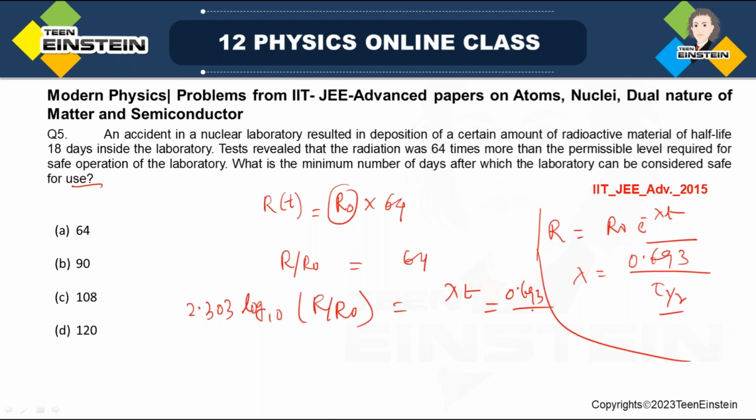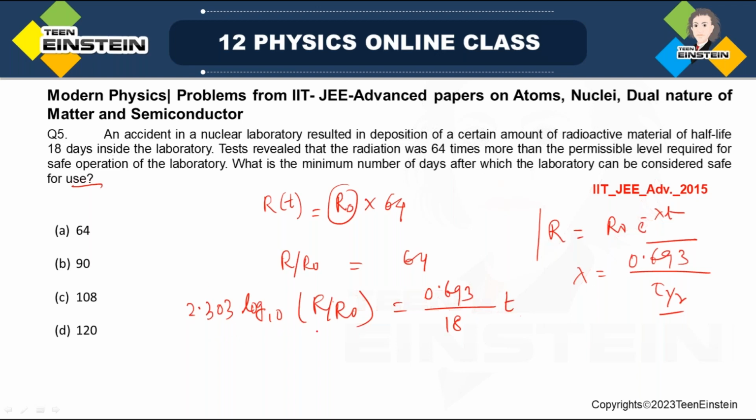So this can be further written as 0.693 by t half-life. From here, R by R0 is e to the power minus lambda t, so I'm just ignoring the minus. So 2.303 times log of 64 in base 10, which gives 1.806, equals 0.693 divided by 18, where 18 is the half-life, into t.